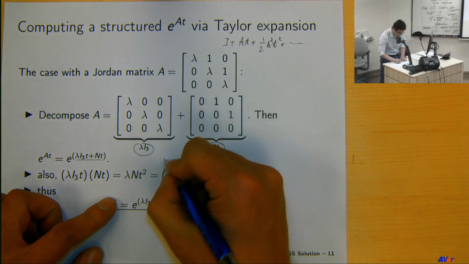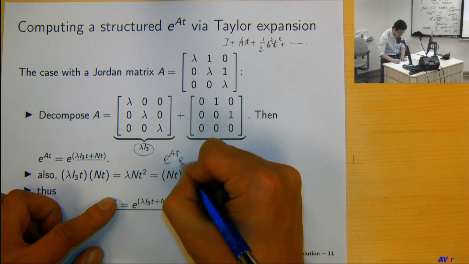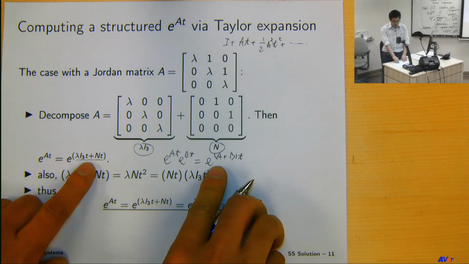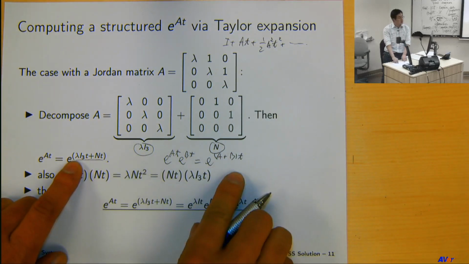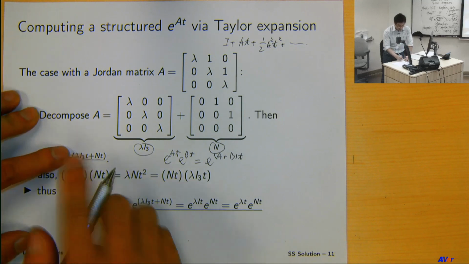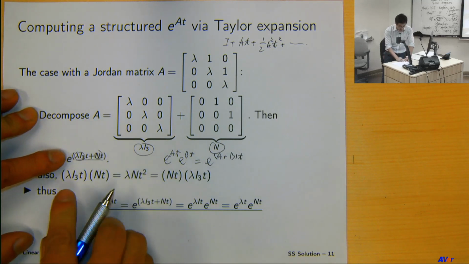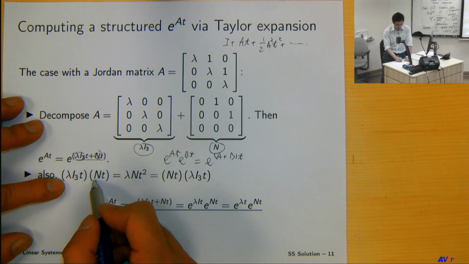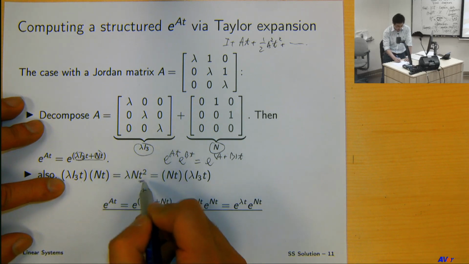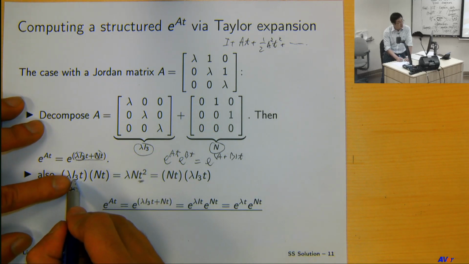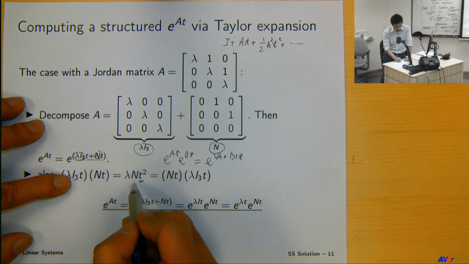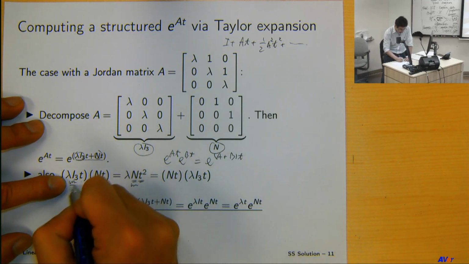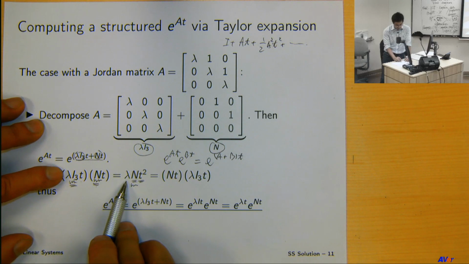So what did we talk about? e to the AT, e to the BT, and e to the (A plus B)T are equal only if A times B equals B times A, and we'll use this here. Treat this as A, treat this as B. A times B is lambda IT times NT. T is a scalar, so you can multiply it to here. Identity matrix times N is still N, and lambda is a scalar.